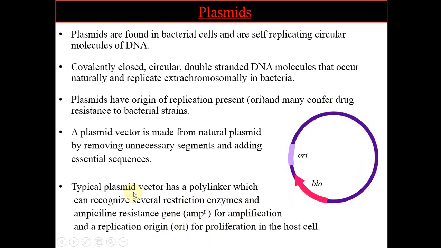Typically, a plasmid vector has a polylinker which can recognize several restriction enzymes, and an ampicillin resistance gene for amplification. Now this ampicillin resistance gene is the selectable marker, and there is an origin of replication for its autonomous or independent replication.